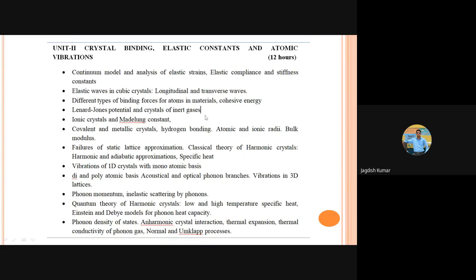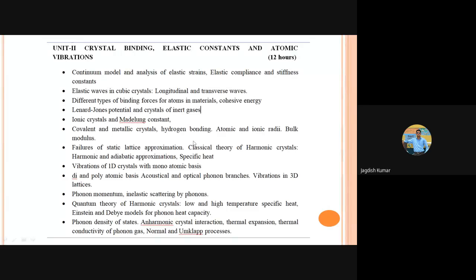This topic covers how those constituents interact with each other: bond formation, bond distance, strength of a bond, etc. Different kinds of potential we will be talking about in this unit. Then we shall also be talking about various other bondings like ionic bonding, Lennard-Jones type of bonding, covalent bonding and all.